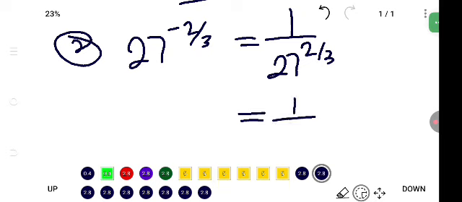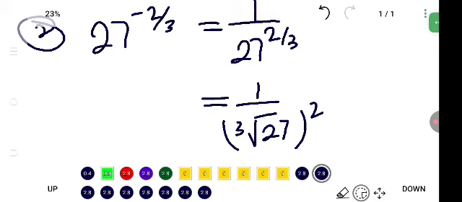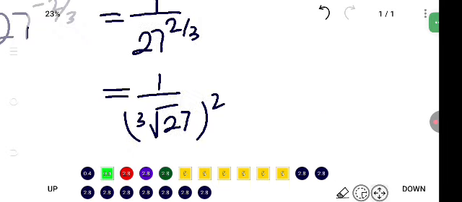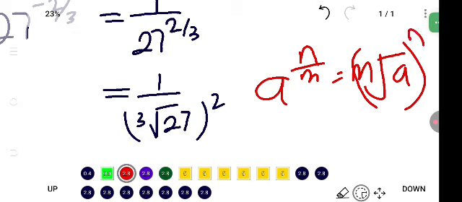So we now have 1 over, now we are taking the third root of 27, then we raise to power 2, because the law says if you have a raised to power n over m, it's the same thing as m root a raised to power n.